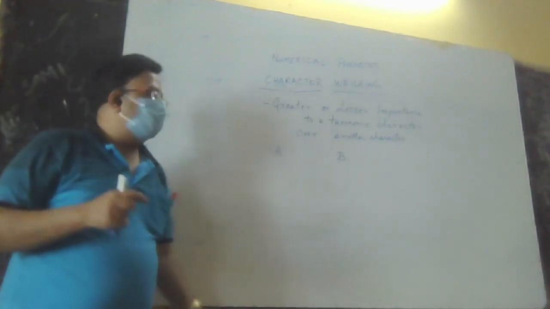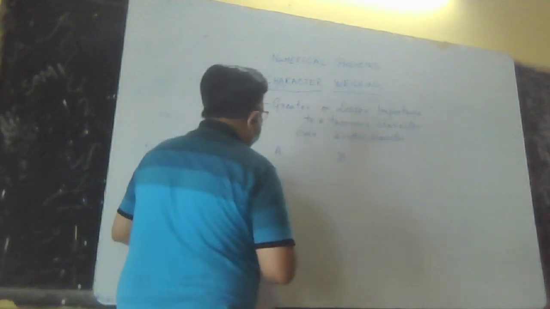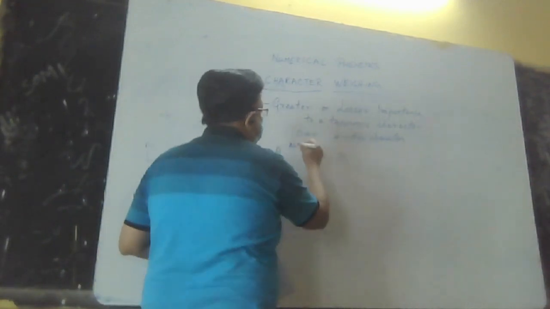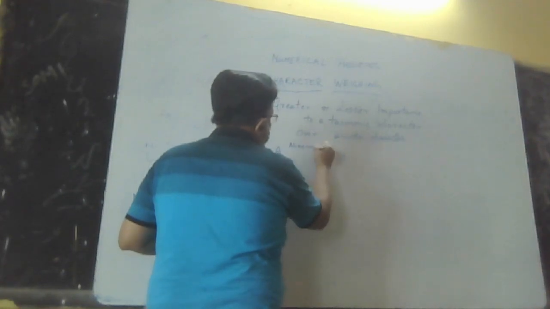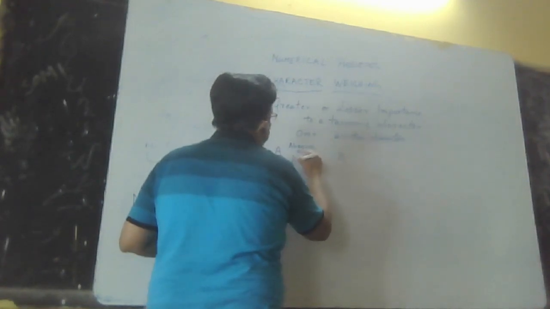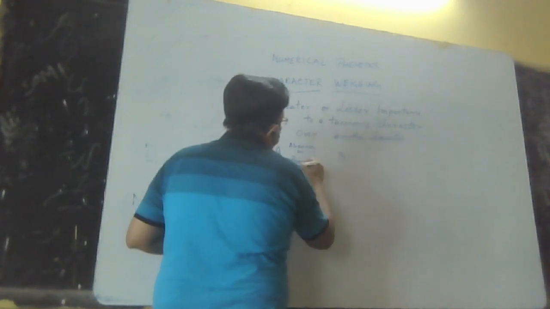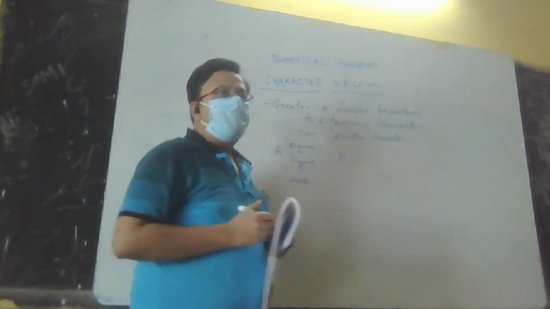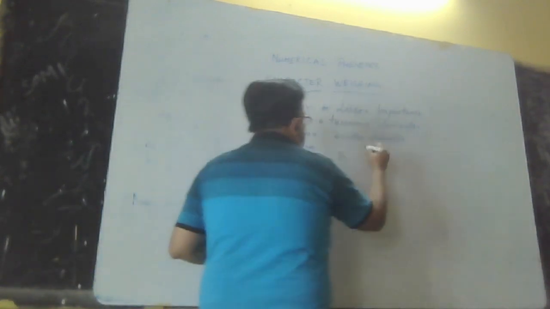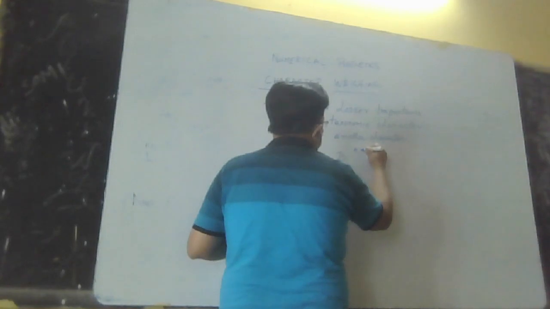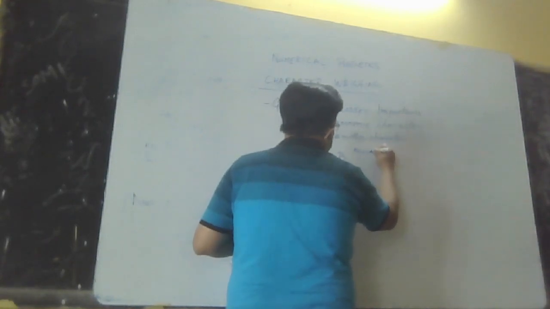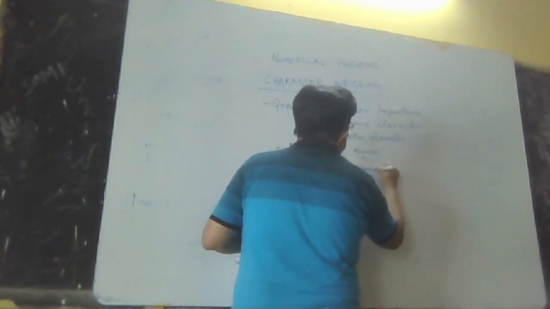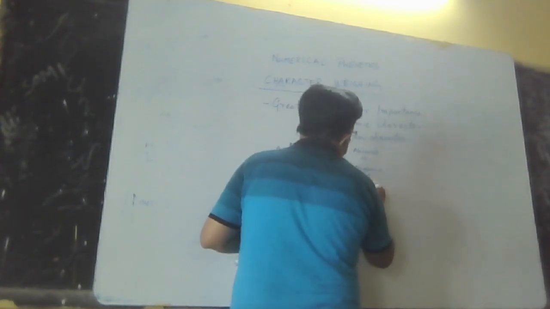Your A may be something like absence or presence of limbs. B may be a character, say, absence or presence of beak.